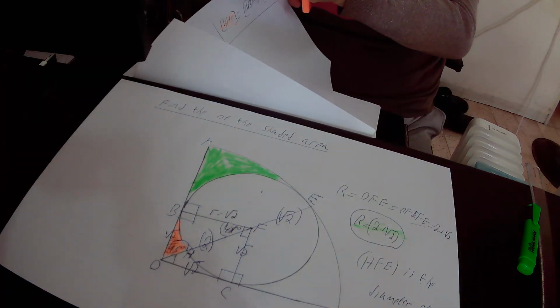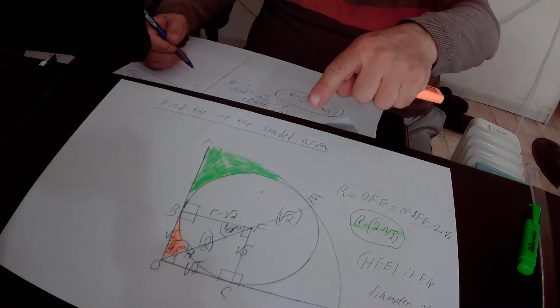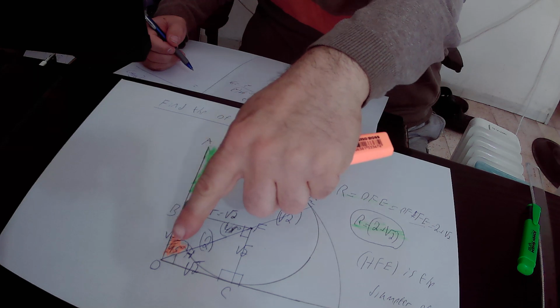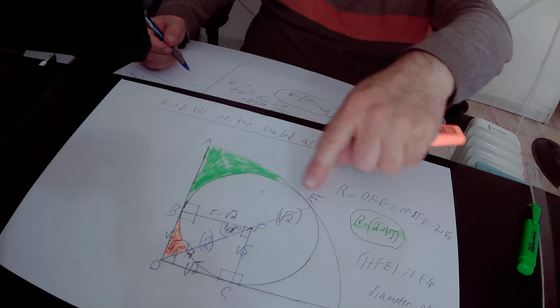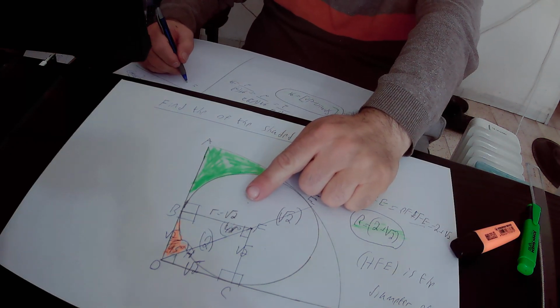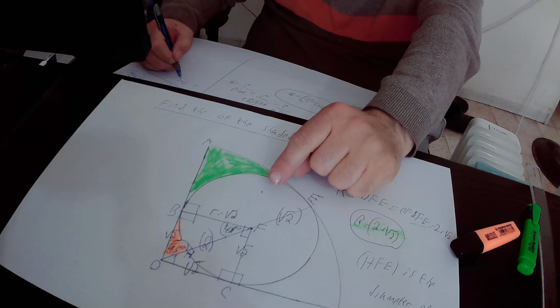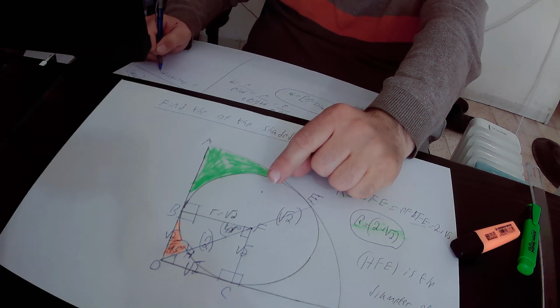So the area of the orange shape BHO equals the area of this right-angled isosceles triangle BOF. The area of any triangle is equal to the base of the triangle times the height to the base over 2.